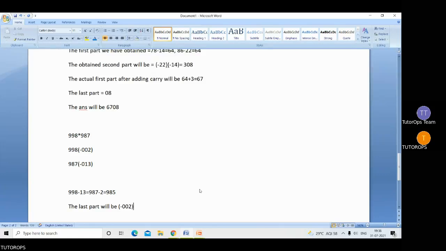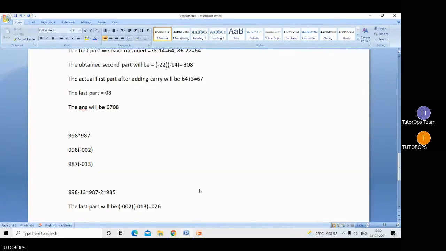And remember one thing, that in this case I need to consider the signs. So it may have some extra zeros, but I need to compute the zeros of the nearest base. So what is the nearest base? That is 1000. So how many zeros are there in 1000? That is 3. So I can only keep 3 digits from the obtained last part. So the last 3 digits will be 026, because the actual result will be, say, 0026 or 00026, something.